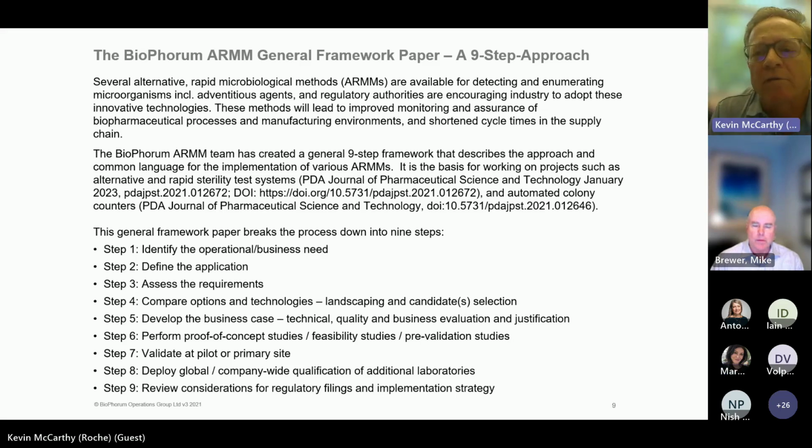So what we've decided is we came up with the BioPhorum approach, which arbitrated our companies' discussion about the best way to tackle this. The idea being that these methods will lead to improved monitoring and quality assurance of biopharmaceutical processes and manufacturing environments with shortened time to release.